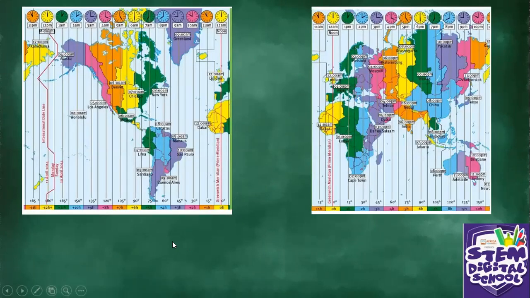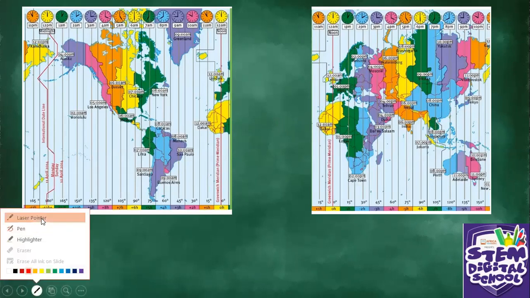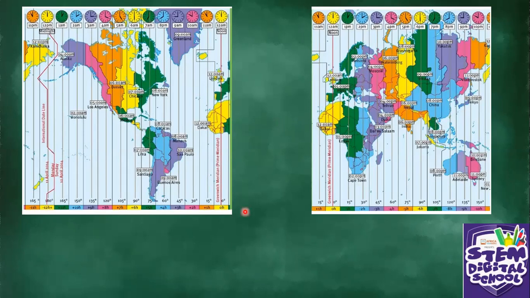Okay. Now, this is a time zone map. We call it a time zone map. So these two, I'm sorry about the noise.